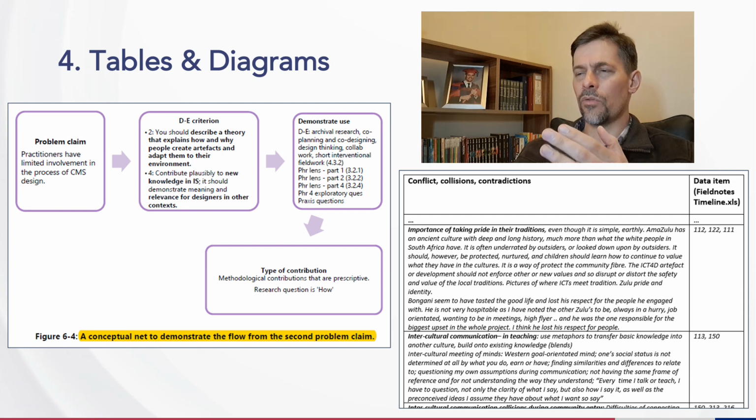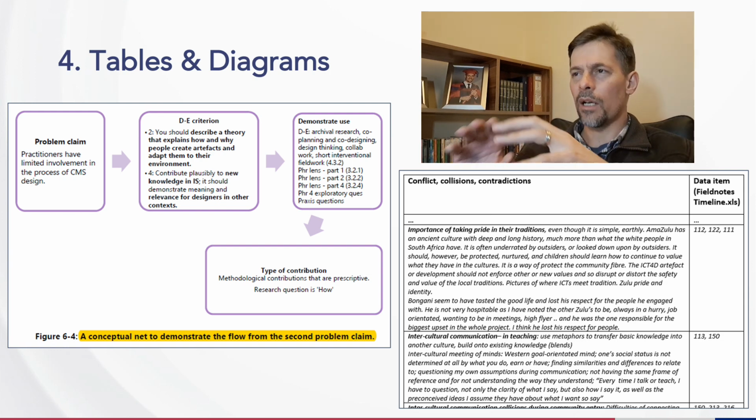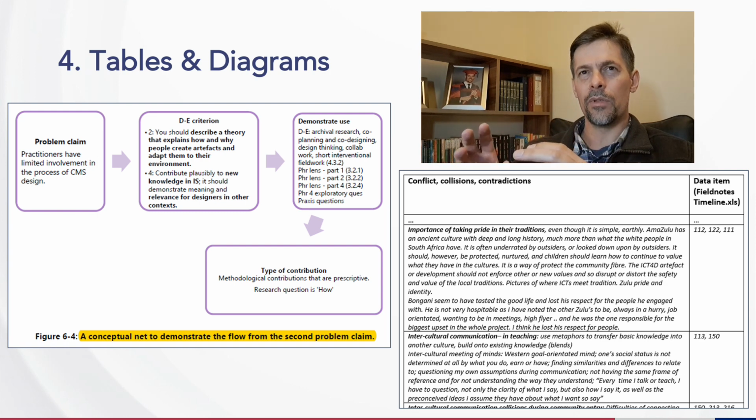It's called a conceptual net, to demonstrate the flow from the second problem claim. A diagram like that can be a visual tool to help your examiner see the logic in a quick glance, scanning through your dissertation.